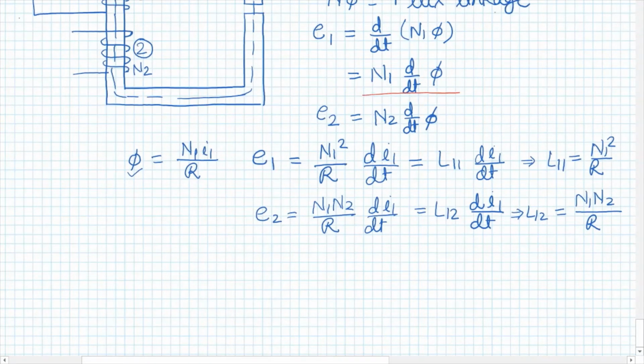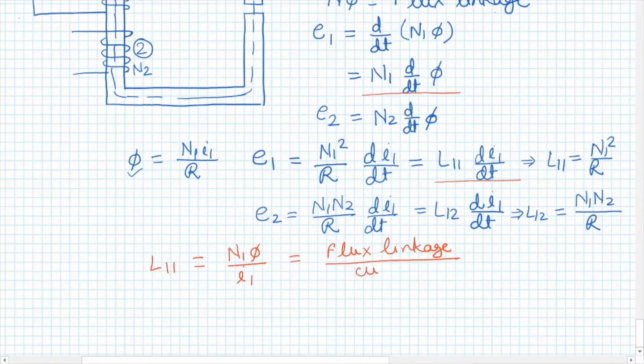Now if we compare these, we can write self-inductance L11 as N1 phi divided by I1. That is nothing but the flux linkage of coil 1 per unit current in coil 1. So self-inductance is defined as the flux linkage of a particular coil per unit current of that particular coil.